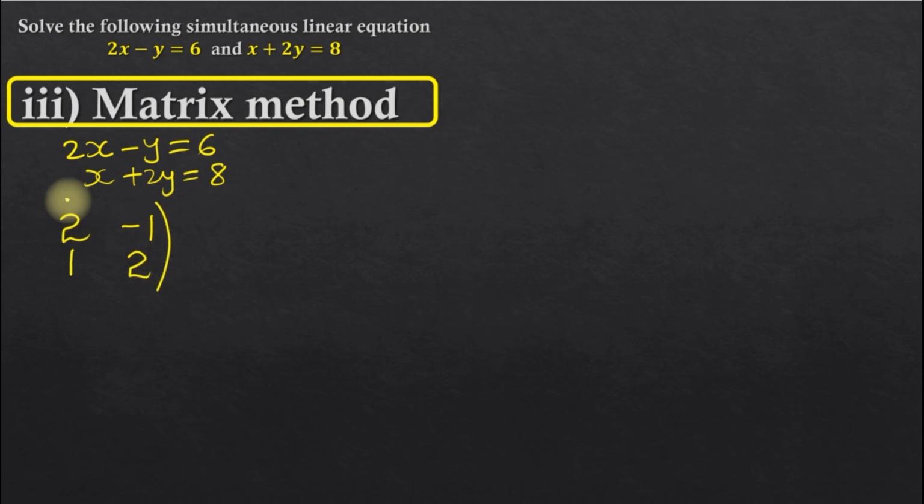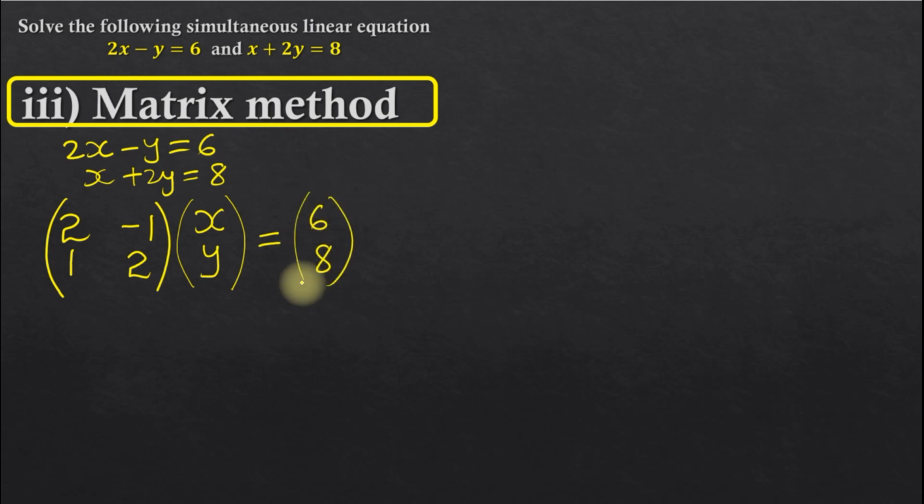So into bracket. Then we multiply by the matrix of variables, that is x, y, the first one followed by the second one. That will be equal to the constant matrix. Remember 6 and 8 are the constants, so 6, 8. So that is it.